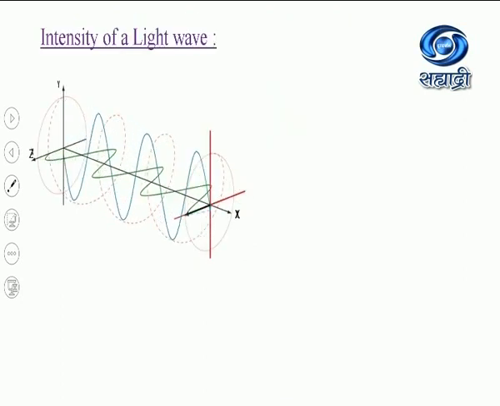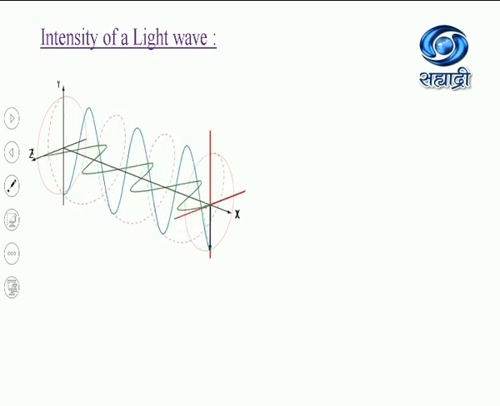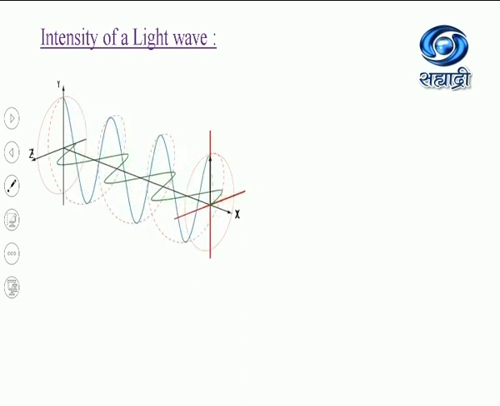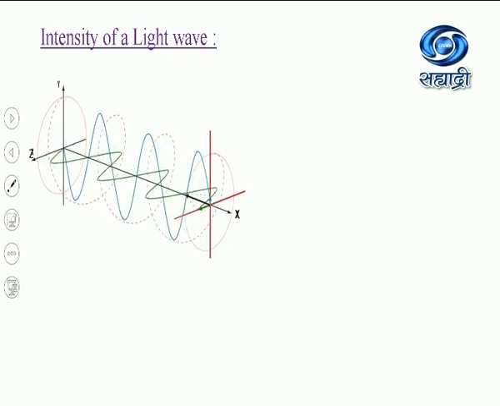Now let us understand how the light wave is represented by an equation. This is a light wave, which is an electromagnetic wave.